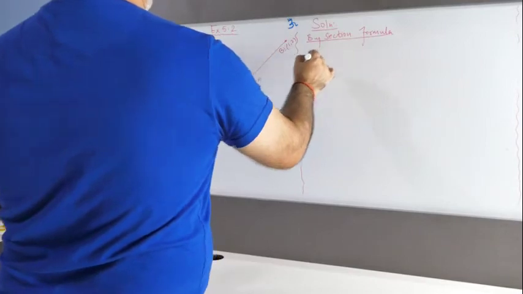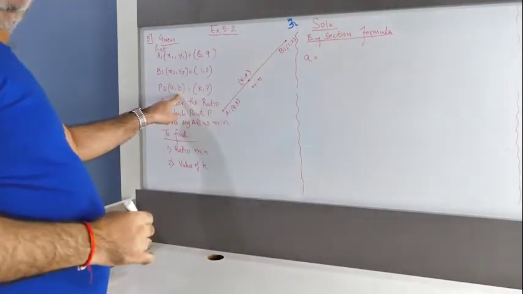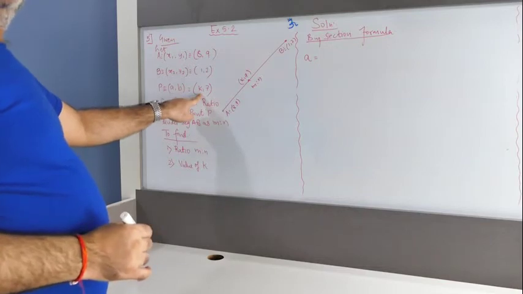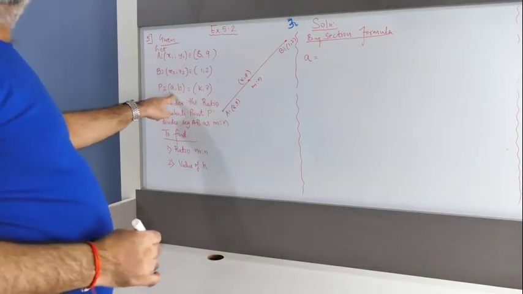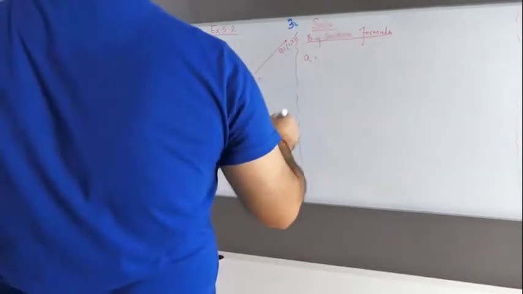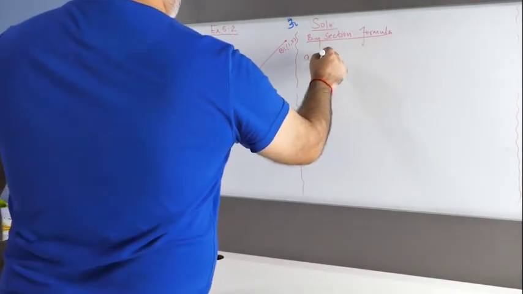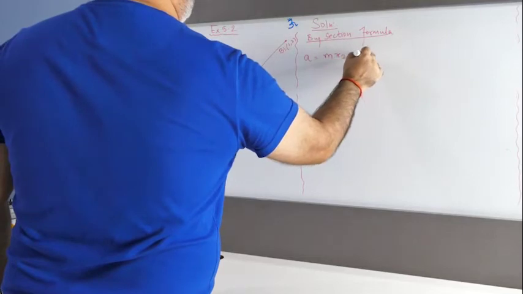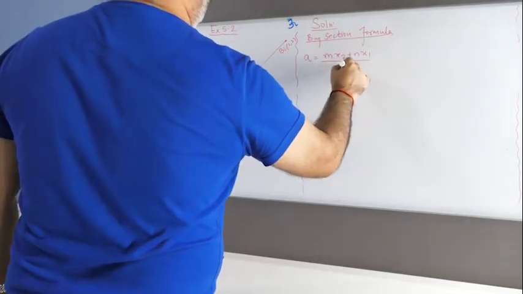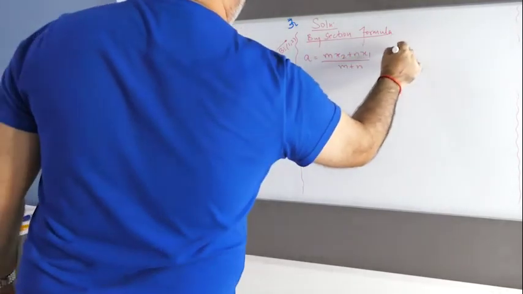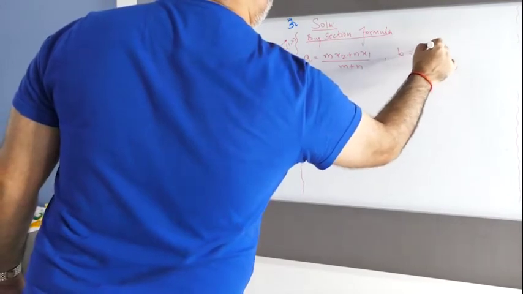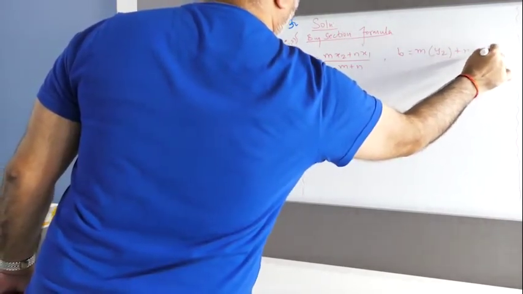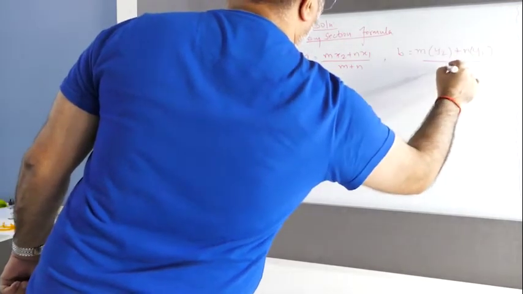We have assumed A, not H comma K. Why did we assume A comma B? Because K was already there here, right? So we wanted something different here, and therefore A comma B. So A is equal to mx2 plus nx1 upon m plus n, and B is equal to my2 plus ny1 upon m plus n.